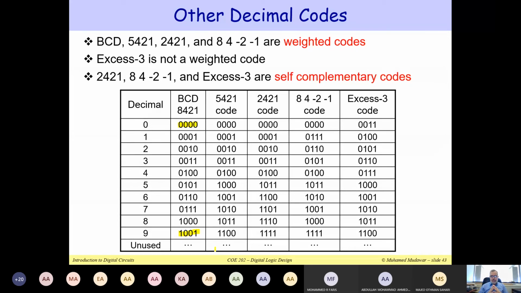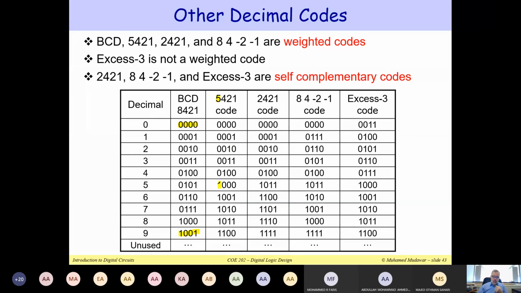For example, if we use 5421, rather than giving 8 as the most significant bit, we give it 5. This is also a weighted code, but the most significant bit is 5. Now, when we have the number 5, the first thing you have to do is assign 1 to the most significant bit. Although we could have encoded 5 differently, as 101 like in BCD, 5421 is not the 8421 BCD.